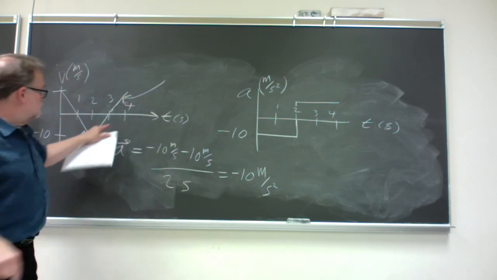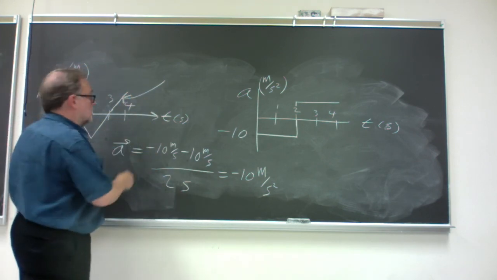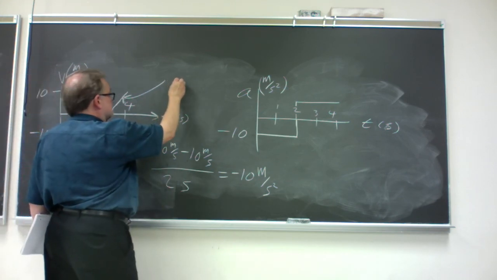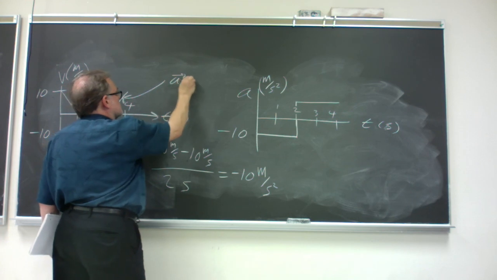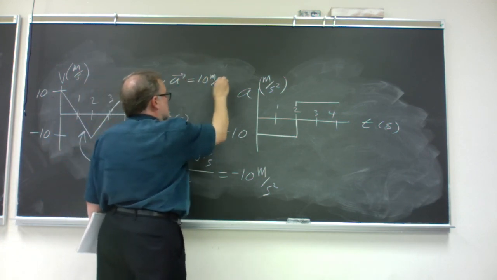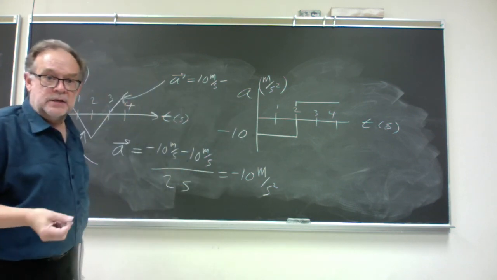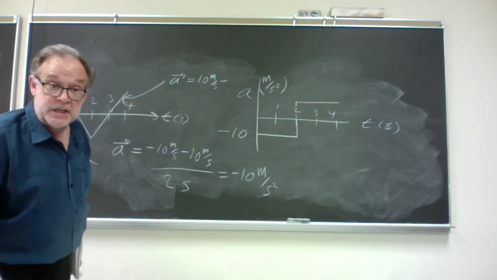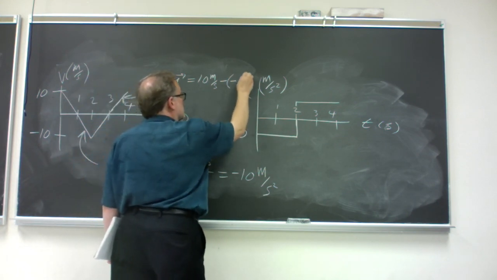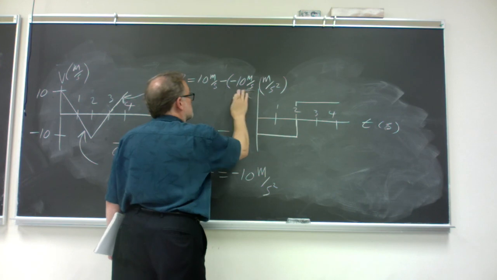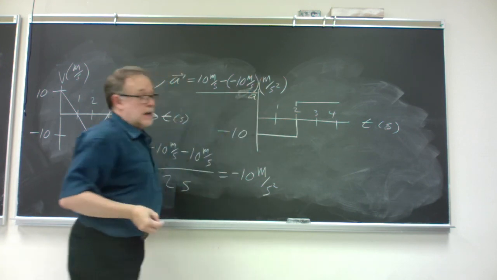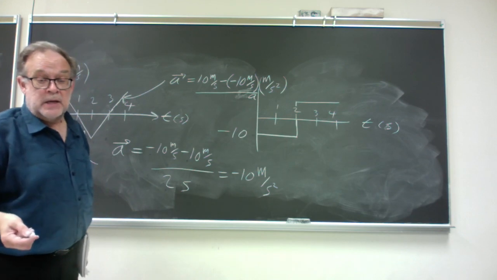And from 2 to 4 seconds, the velocity changed from -10 to +10. So the final velocity was 10 meters per second minus the initial velocity, and the initial velocity was -10 meters per second. So minus the initial velocity means minus a negative 10 meters per second. And it took 2 seconds to make that much change.